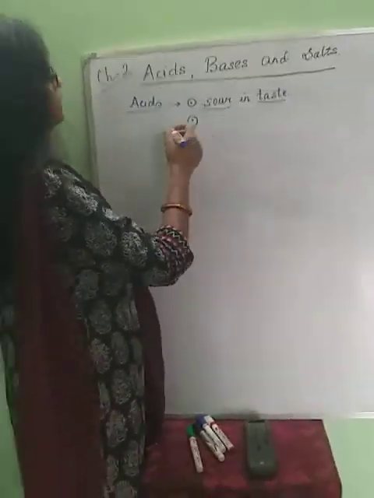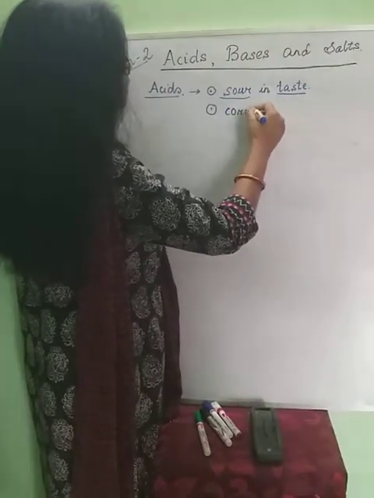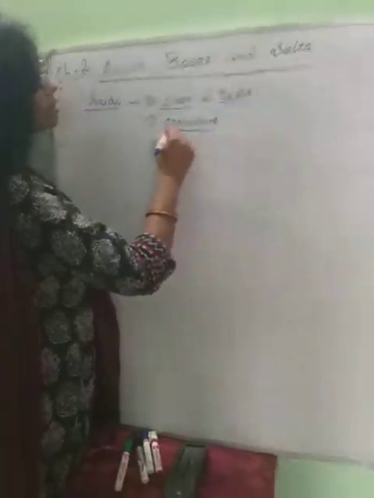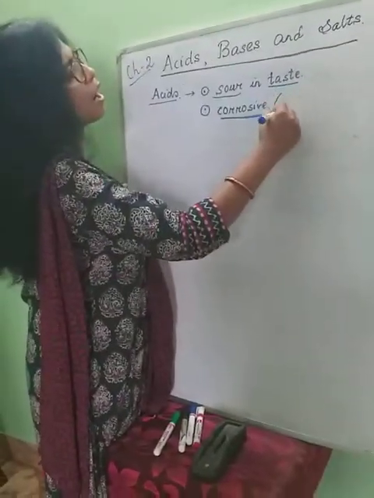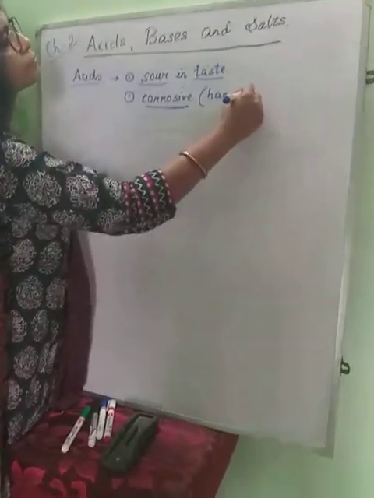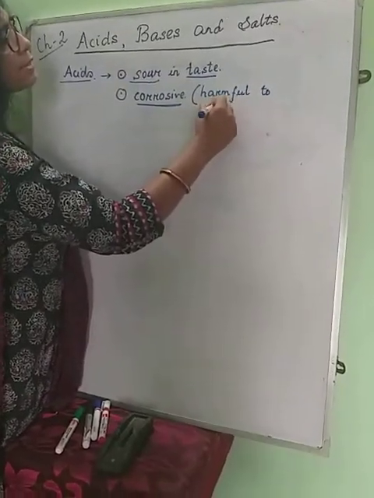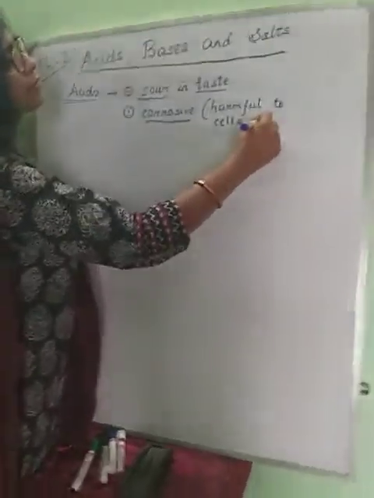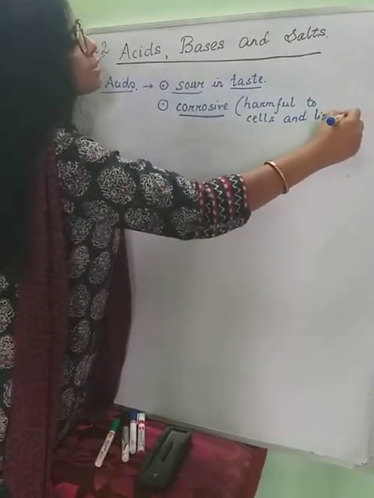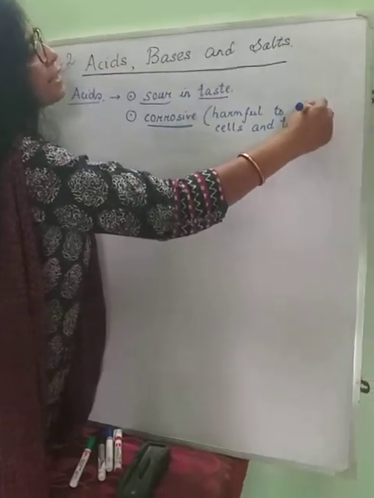One more important thing is they are corrosive in nature. Corrosive in nature means they are harmful to our cells and our tissues, that is muscles and all this, harmful to living cells.